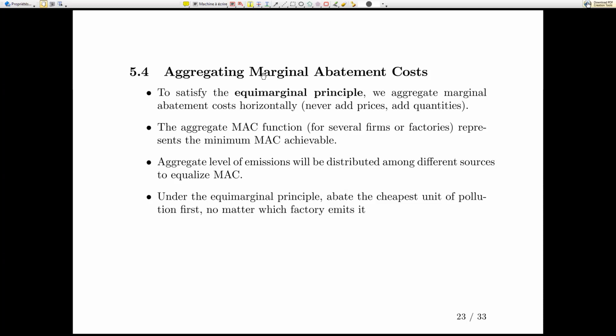Why do we need to apply the equimarginal principle to abatement cost? Well, because we want to do as little work as we can, because that means that we can do a lot more. So if I go to the government and I say, please give me 10 million to abate 10 tons, that sounds okay.